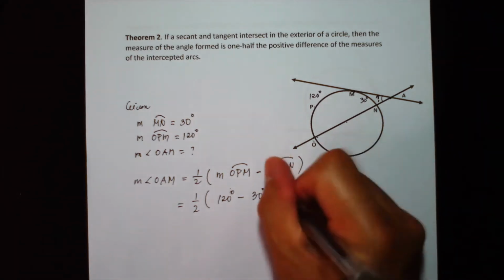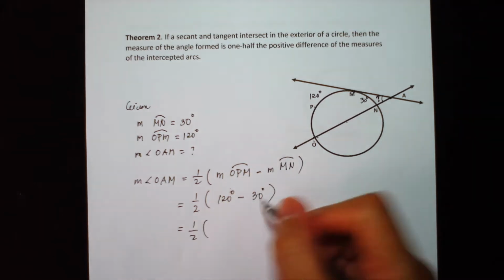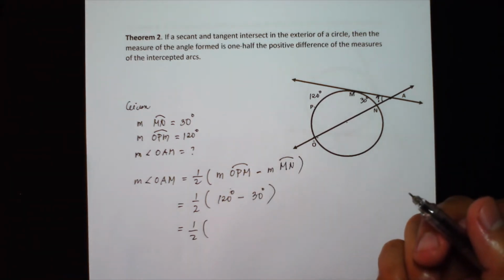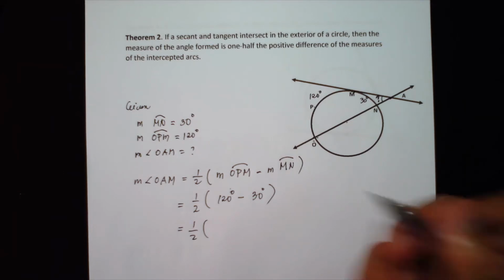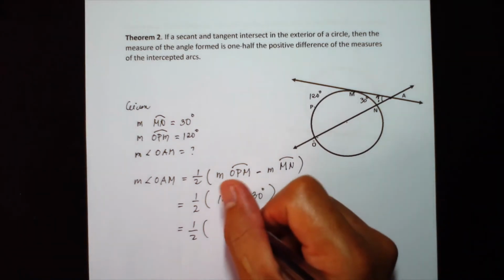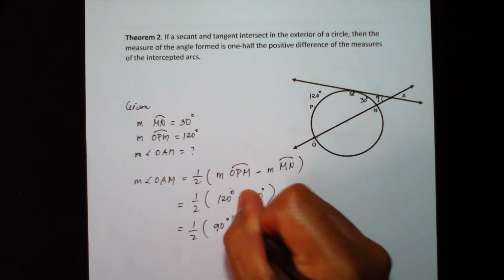Okay, so let's subtract. 120 less 30 will be 90 degrees.